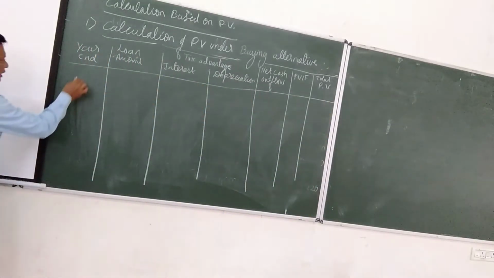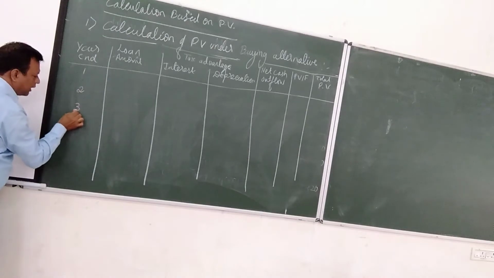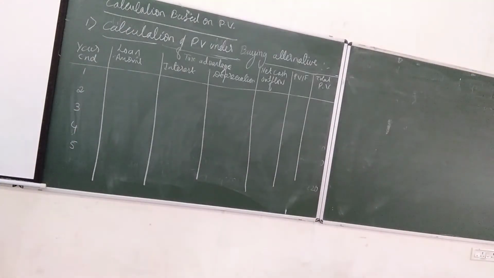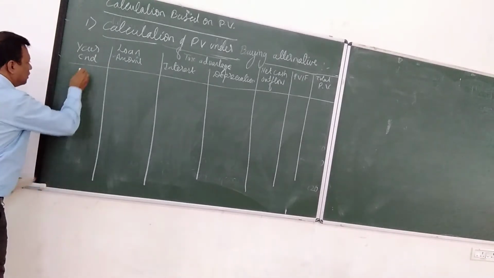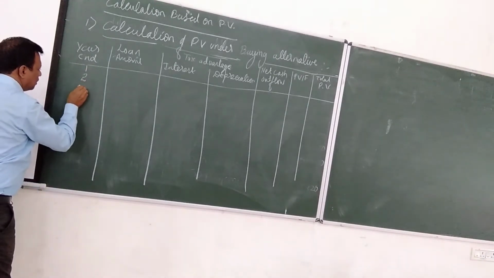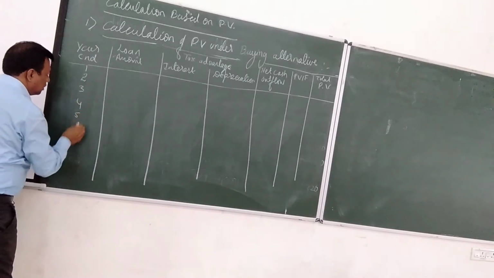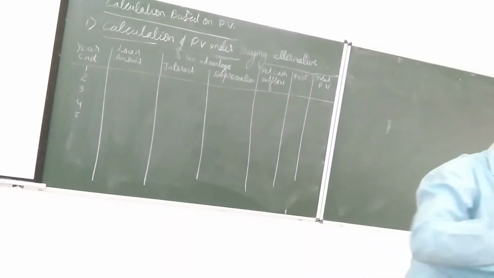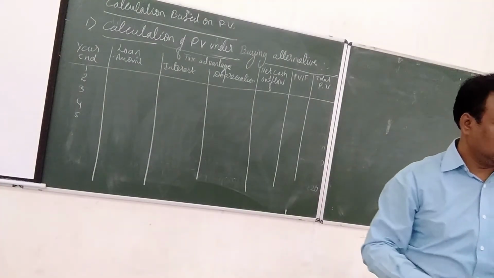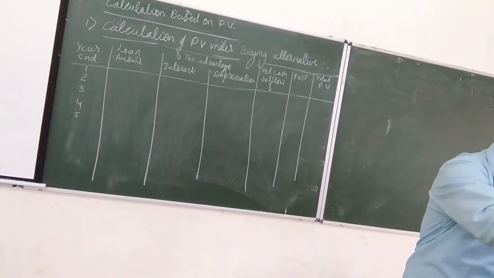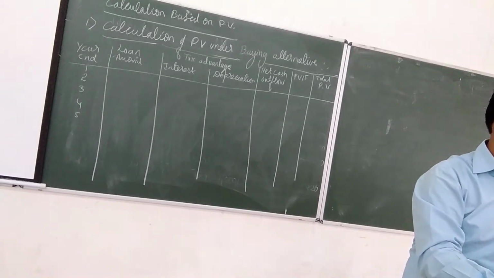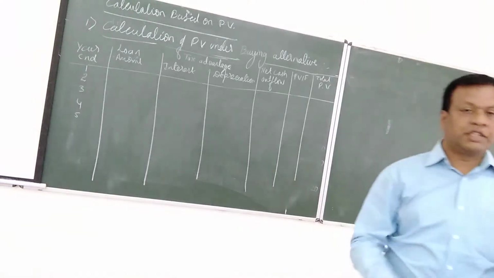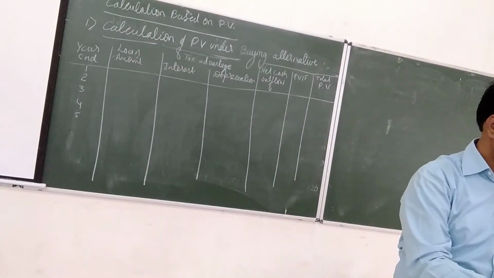Okay, so here we have 5 years, correct? What is the loan amount? Loan installment amount, how much does it come to? Yesterday, in the last class, we already calculated it.